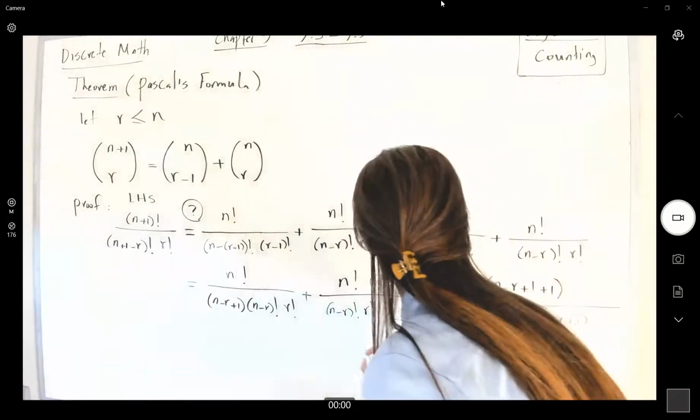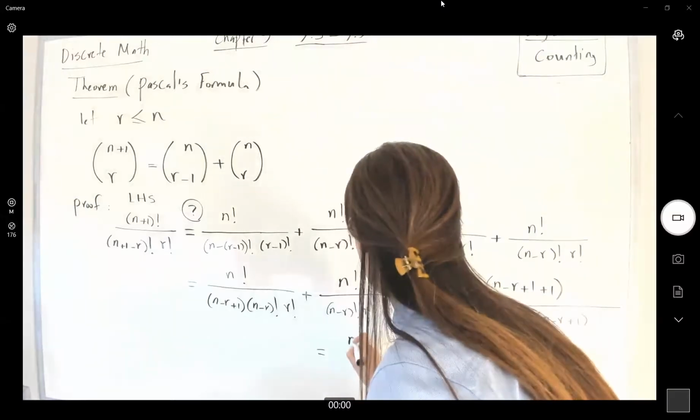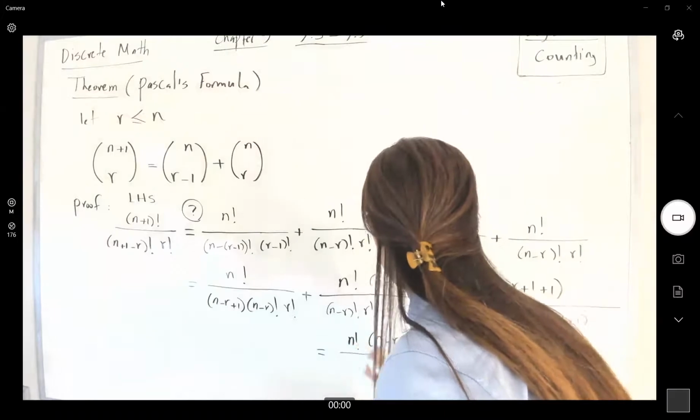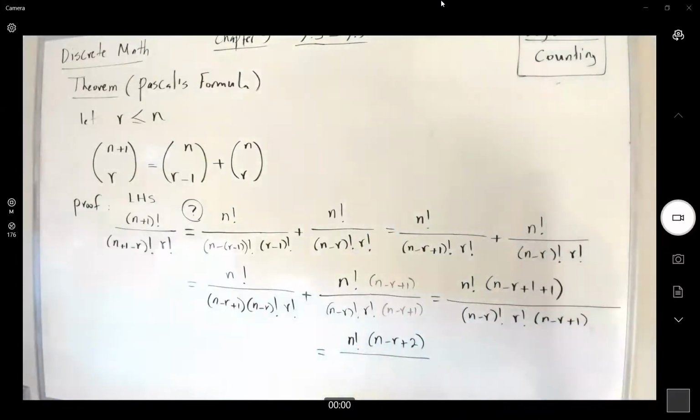This is equal to n factorial times (n minus r plus 2), divided by... let me see, is everything okay? Let's double check the whole thing.